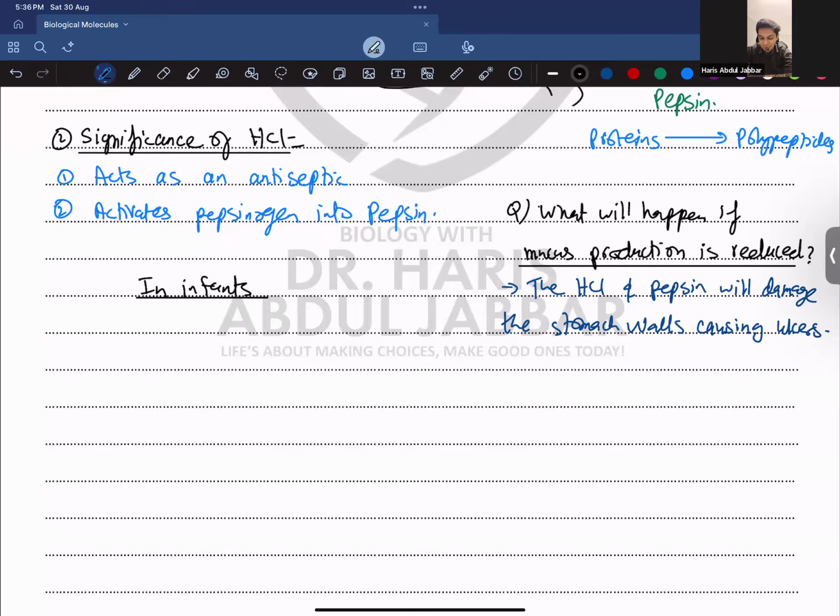The soluble milk proteins are a bit difficult to digest. So what happens is, only in infants, we have another enzyme in the stomach, which we call renin.